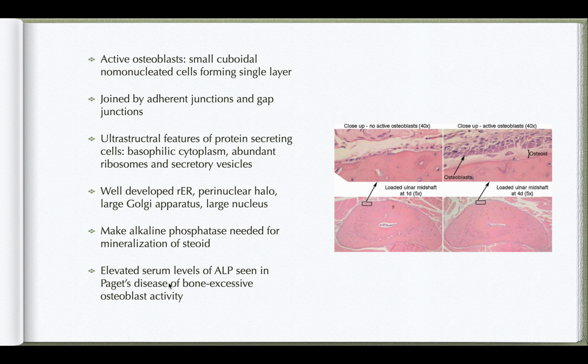Elevated levels of ALP are seen in Paget's disease of the bone, which indicates excessive osteoblast activity, so the bones will be very thick and very dense. Well, here they are. There are no osteoblasts here, and here they are right here, cuboidal, doing their work, secreting the osteoid.